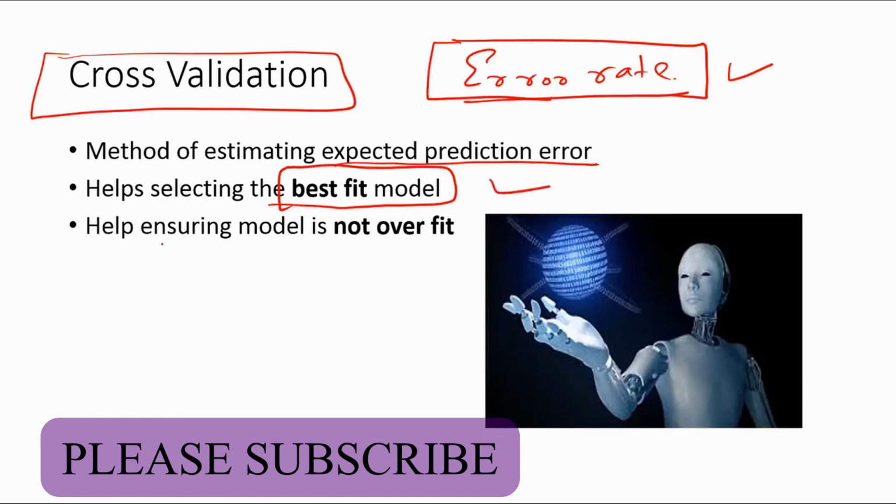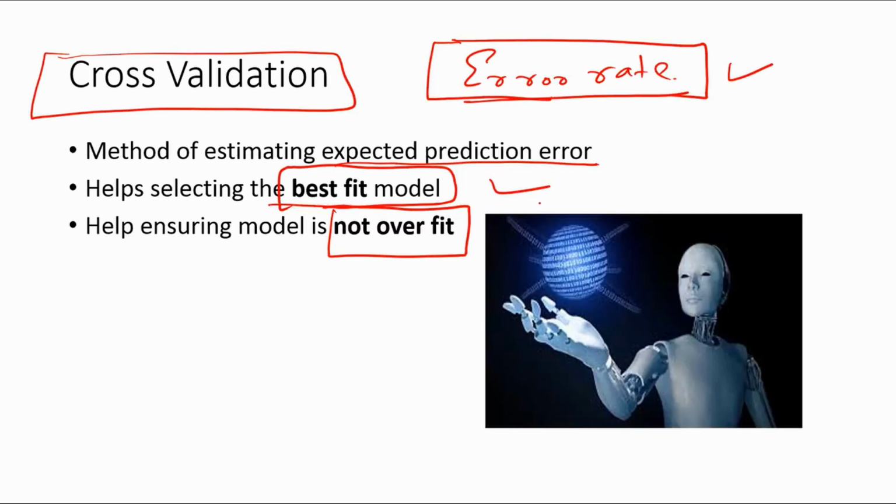The third important thing for which cross-validation is very important is that it ensures that your model is not overfit. That means it gives you the confidence that the performance of your model on the data that you have used to build it is the same as, or at least similar to, the performance you would get on new data, or data that hasn't been seen yet.